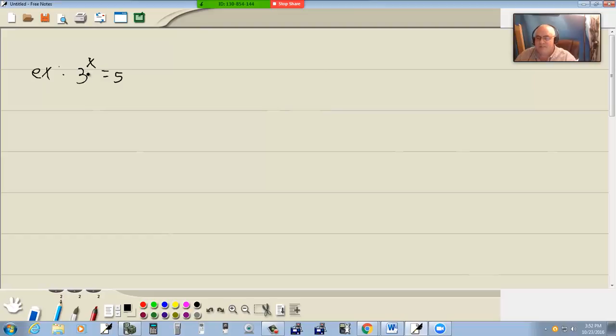Okay. Step 1, get the part of the variable and exponent by itself on one side. What I mean by that is we just had 3 to the x power. We don't have anything in front of it, nothing after it. Well, it's done. Step 2, take ln of both sides. So we've got natural log of 3 to the x is equal to natural log of 5. Step 3, use properties of logs to get the variable out of the exponent. So we'll take the x and put it out in front. So we've got x natural log of 3 is equal to natural log of 5.